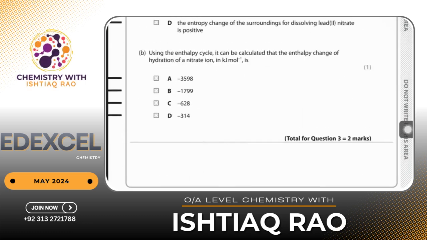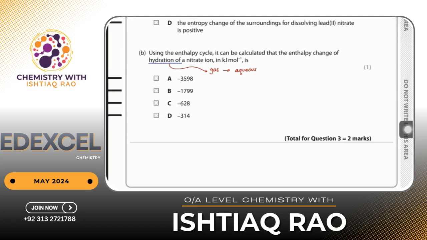Using the enthalpy cycle, it can be calculated that the enthalpy change of hydration of a nitrate ion in kilojoules per mole is this one. You know what hydration is? Hydration is when something changes from gas to aqueous. Remember, hydration means when something changes from gas to aqueous.